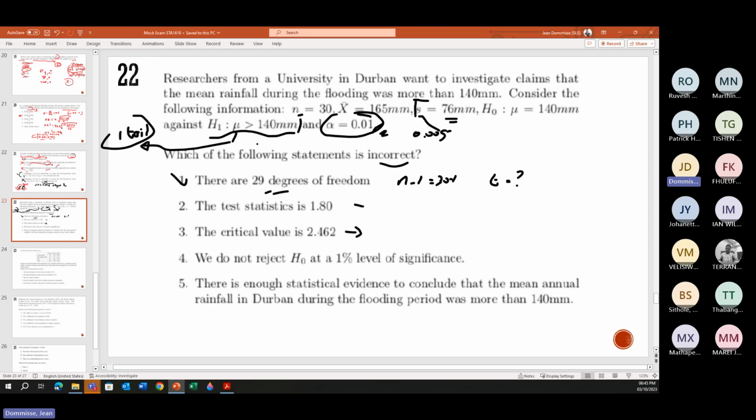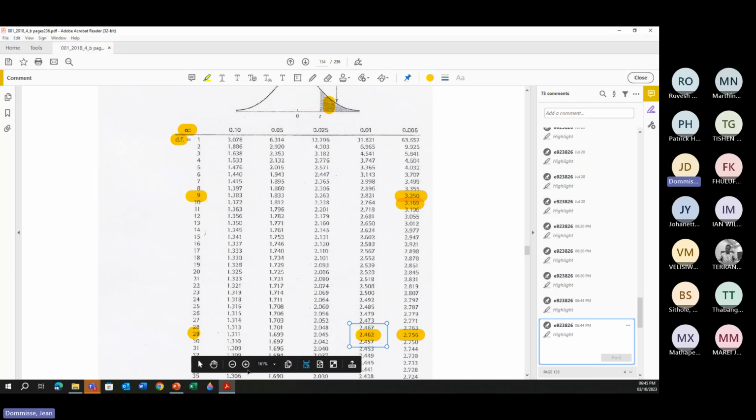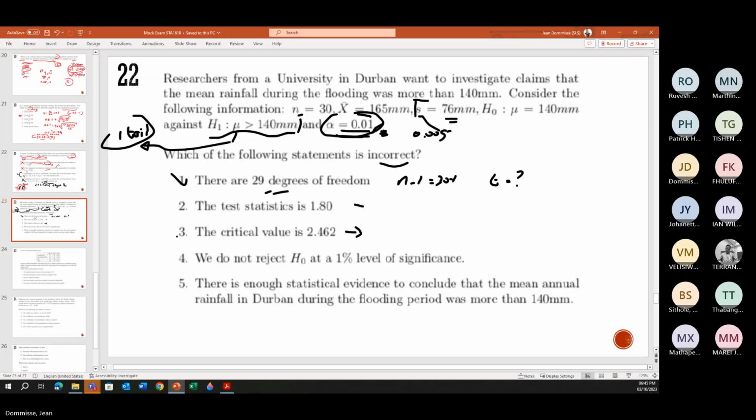There's a reason why they give you that hypothesis with bigger than. So we actually don't divide by 2 because we're working with a one tail. So we take alpha as 0.1, 0.1 with 29, 2.462. Okay, so which is correct.